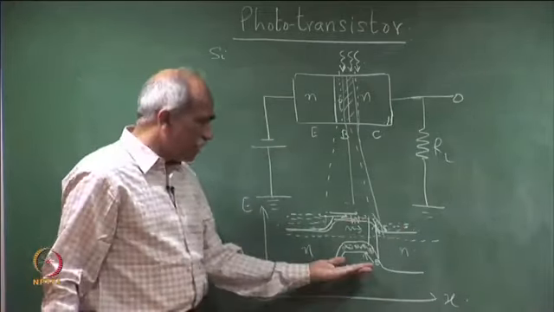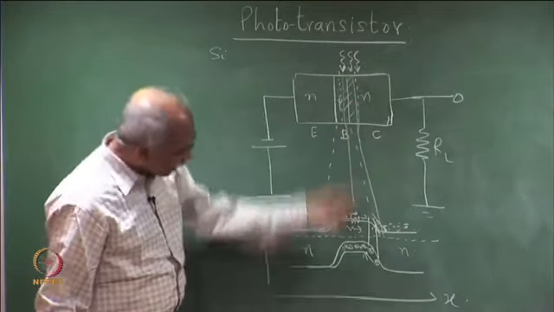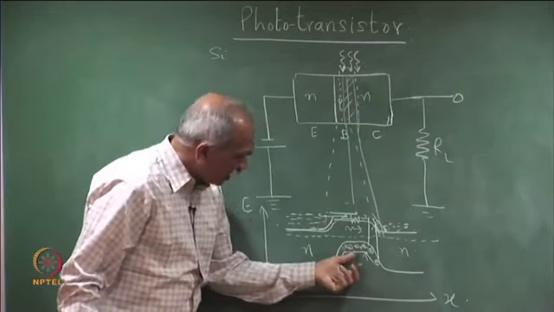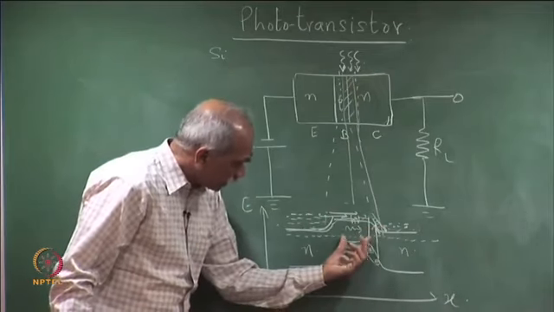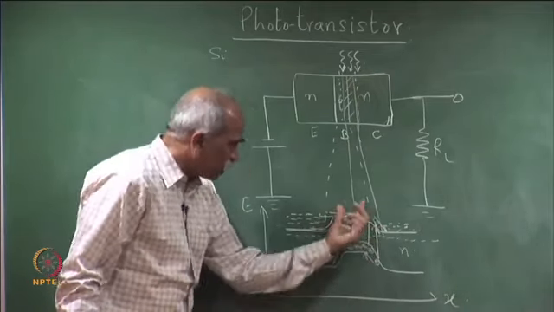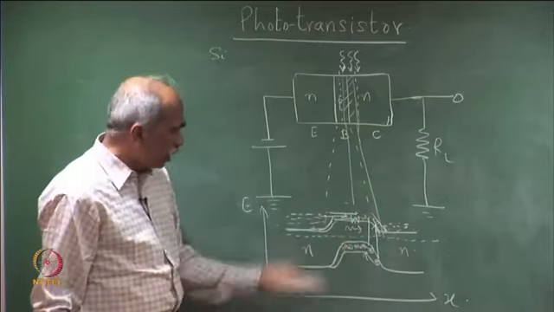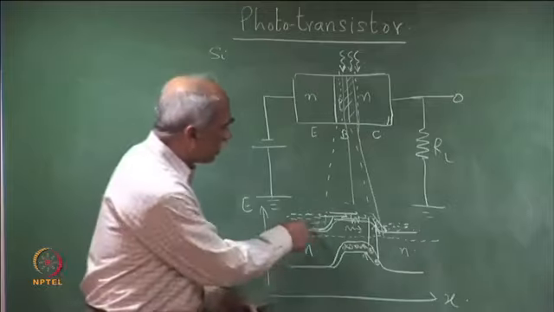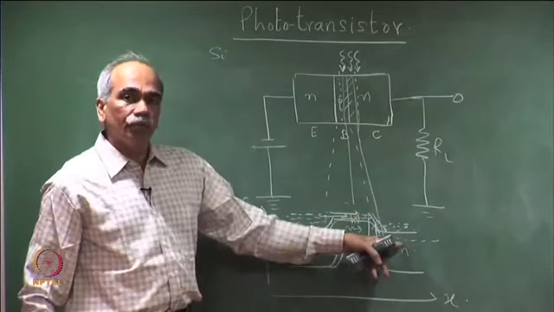It is the same action which is taking place here. Because of the incident photon flux, holes accumulate here and electrons move there, and consequently this P region becomes more positive, or the potential energy is lowered, or the barrier is lowered. Consequently, a large number of electrons move from this side to this side.